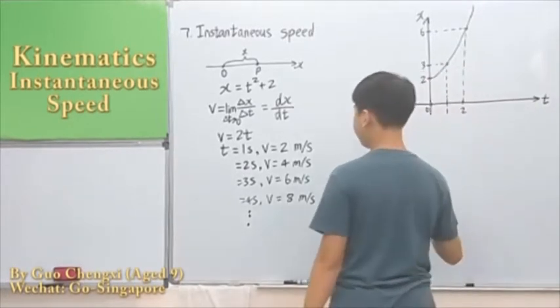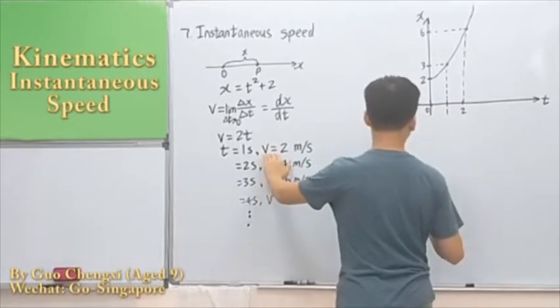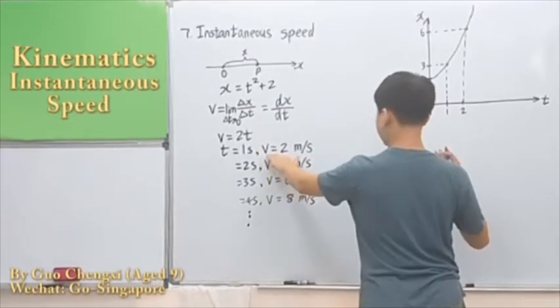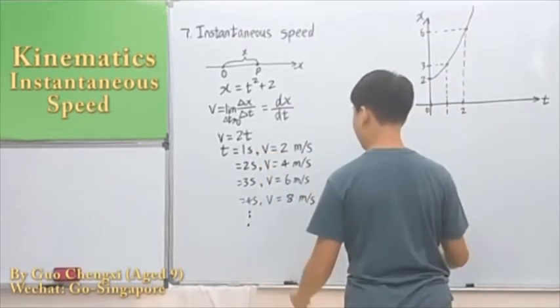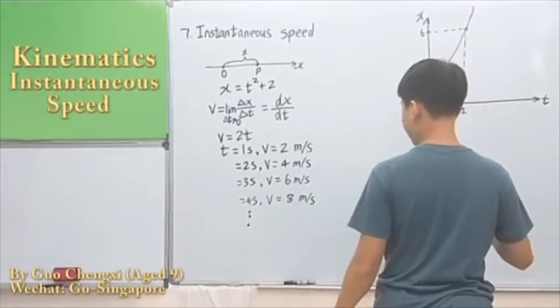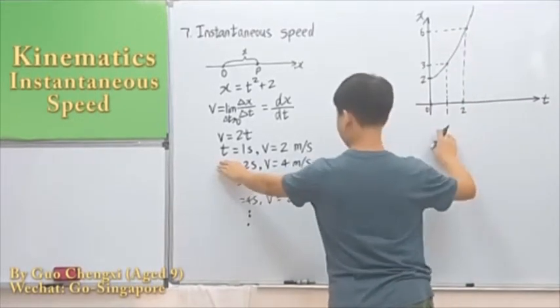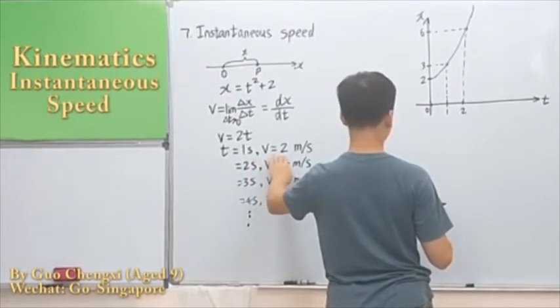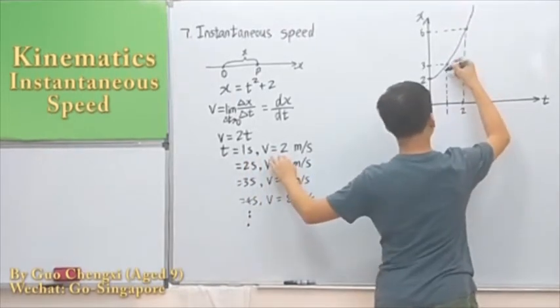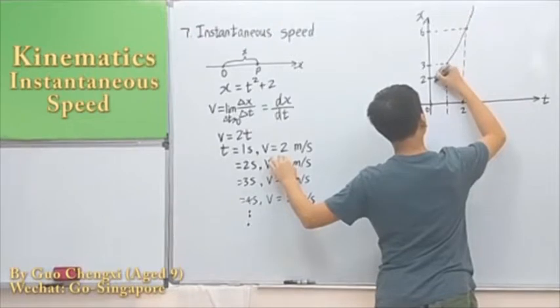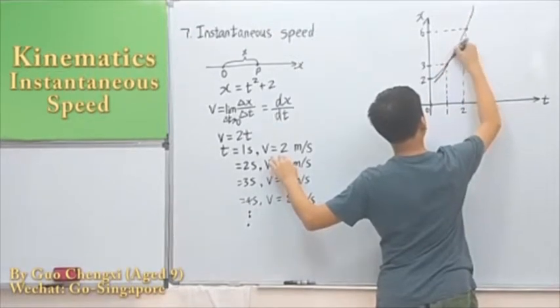Let's see. What are these V? What do they represent on this graph? Let's see about that. When time is 1, at this part you have 2. What if we draw this tangent line?